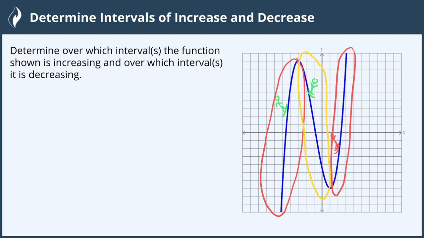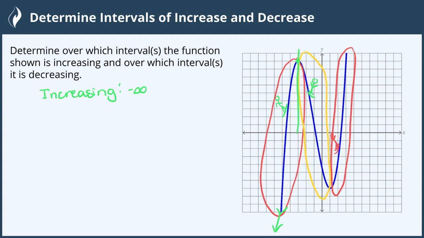To find the intervals, we use the same interval notation as we did with domain and range, and we are looking for the x values. So from this one, we're going to start as far left as possible, and where the graph continues to go this direction, this means that it will be increasing, starting as far left as possible, from negative infinity until we get to the point where the skier is no longer increasing, which is right here.